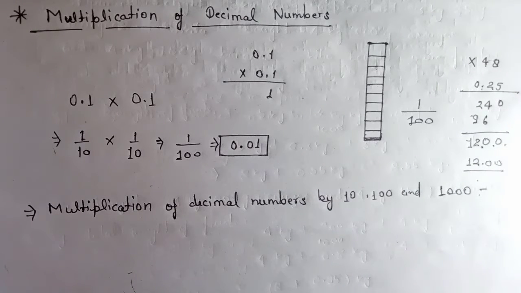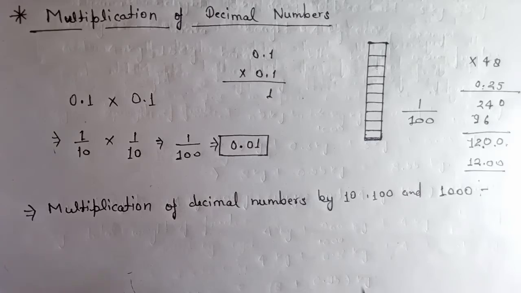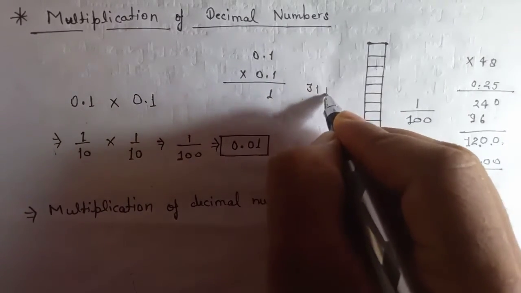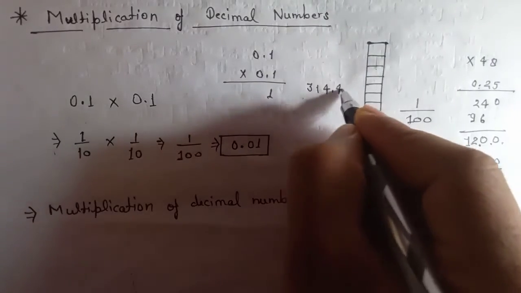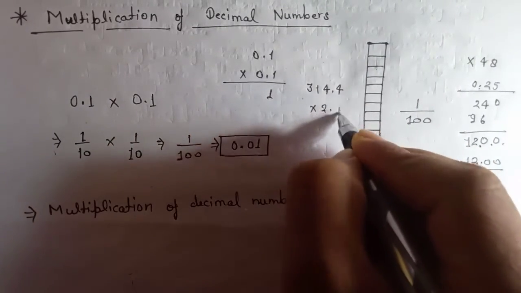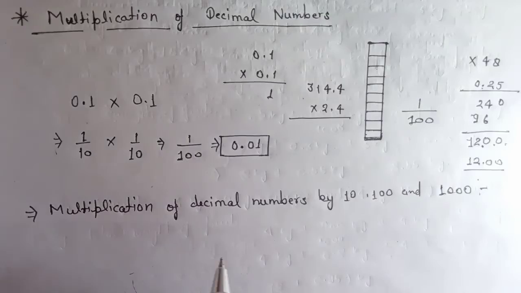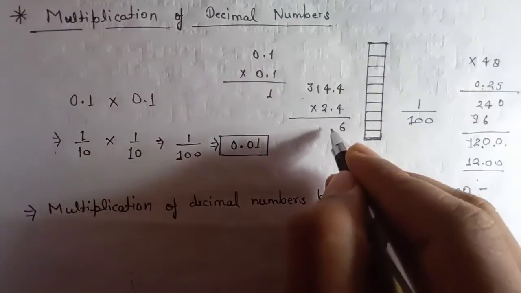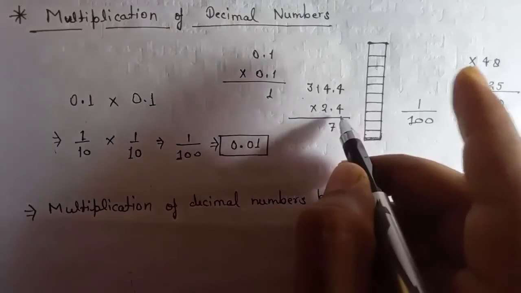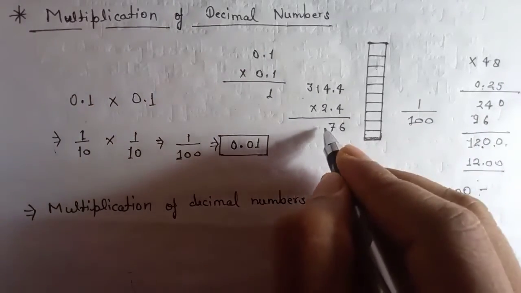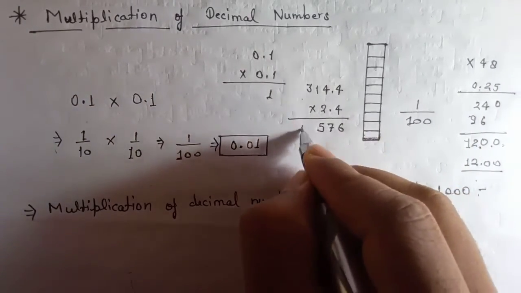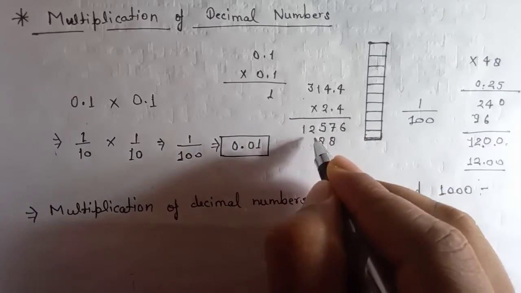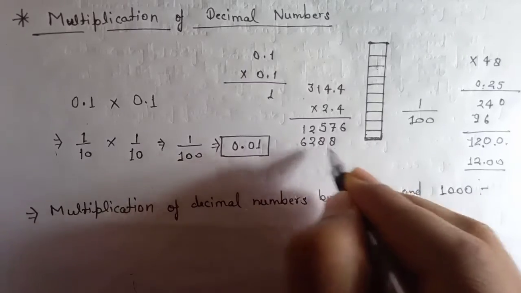If you want to check another example, multiply 314.4 and 2.4. Now multiply: 4 4s are 16, carry 1, 4 4s are 16, plus 1 is 17, carry 1, 4 1s are 4, plus 1 is 5, 4 3s are 12. Then 2 4s are 8, 2 4s again 8, 2 1s are 2, 2 3s are 6.